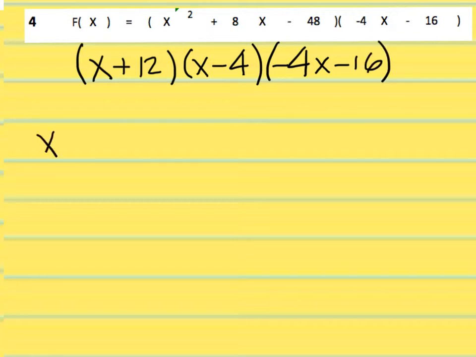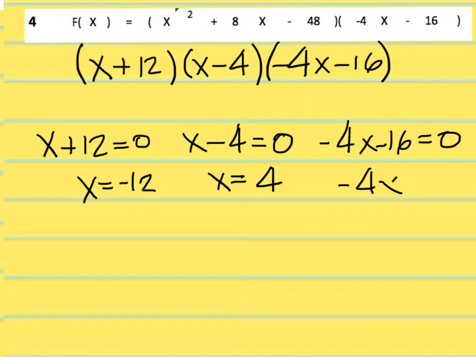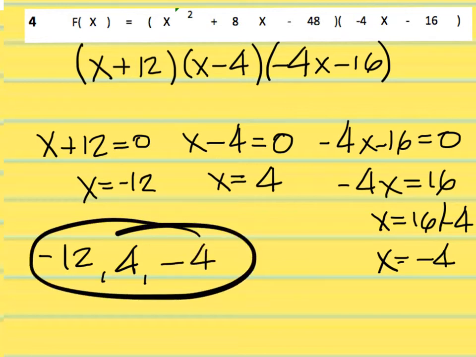Now you have to set each one equal to 0, so x plus 12 equals 0, x minus 4 equals 0, and negative 4x minus 16 equals 0. This one is negative 12, this one is positive 4, this one is negative 4x equals 16, and 16 divided by negative 4 comes out to be negative 4. So your answers are negative 12, 4, and negative 4.